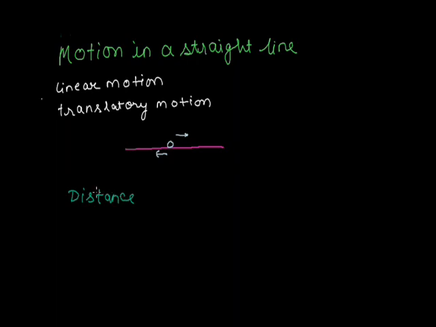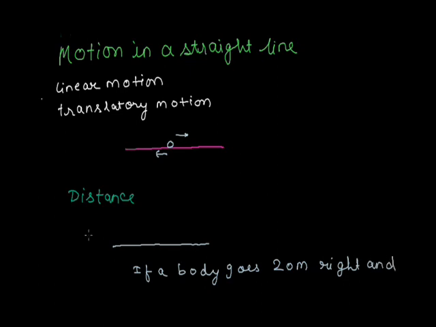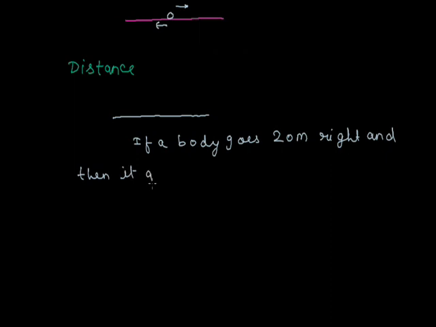Now we will talk about distance. Distance is the total length of the path covered when the body is moving. For example, on the straight line, if a body goes 20 meters right and then goes 10 meters to the left.